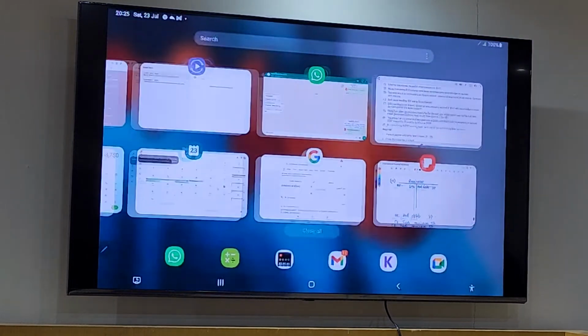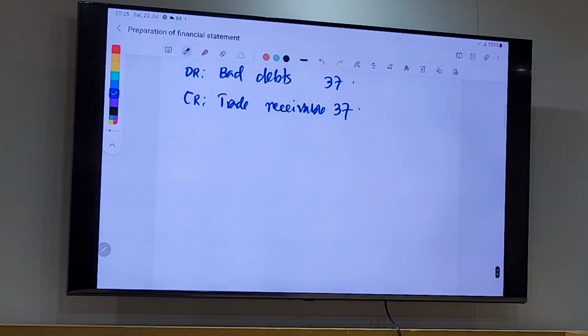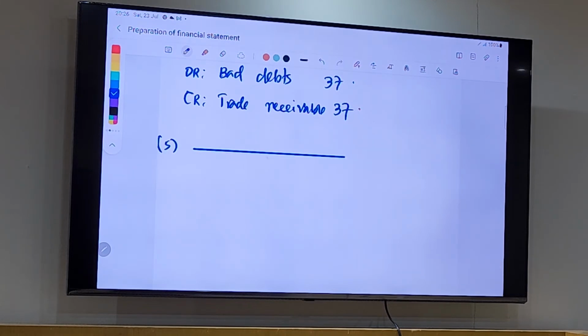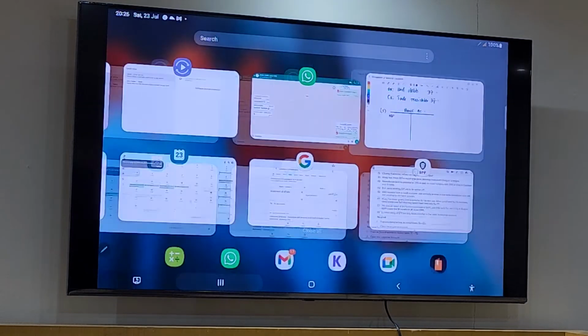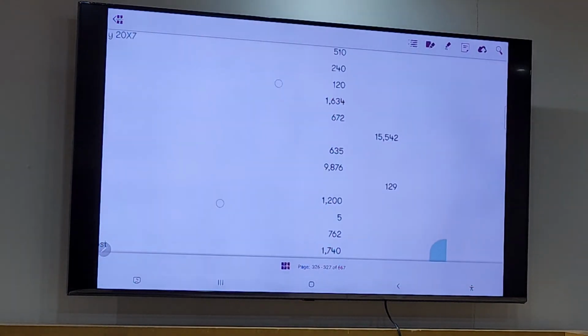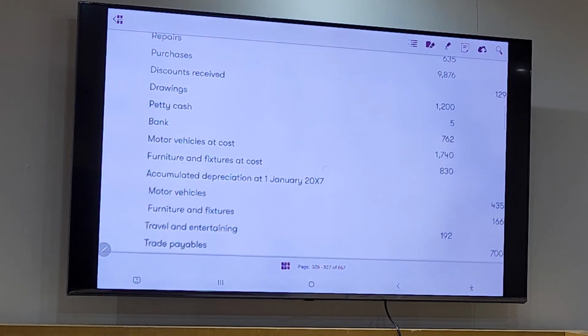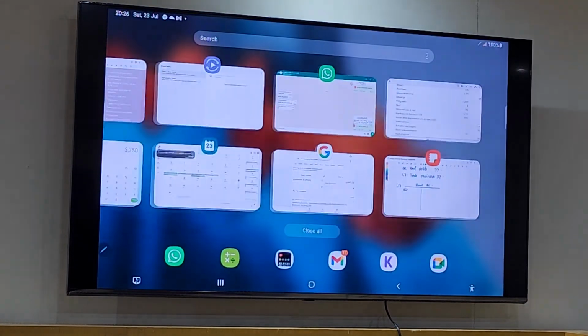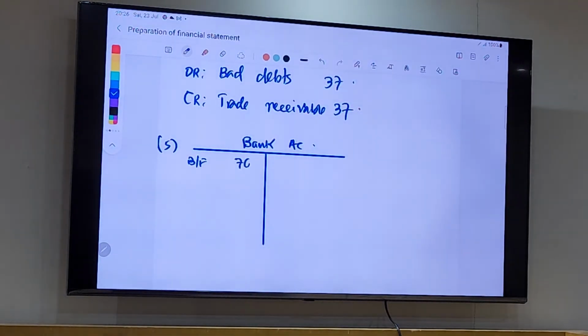So let's open a bank account now. What was the closing balance as per TB? 762. Am I right? Yes.